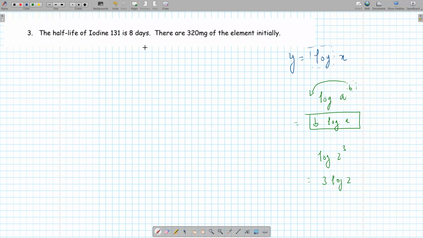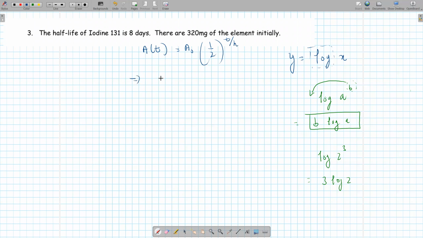How do I denote this? I can just call it A, I guess. The amount after t days equals the initial amount times 1/2 to the power of time over half-life. Again, don't worry too much about this, but this is the formula, okay?